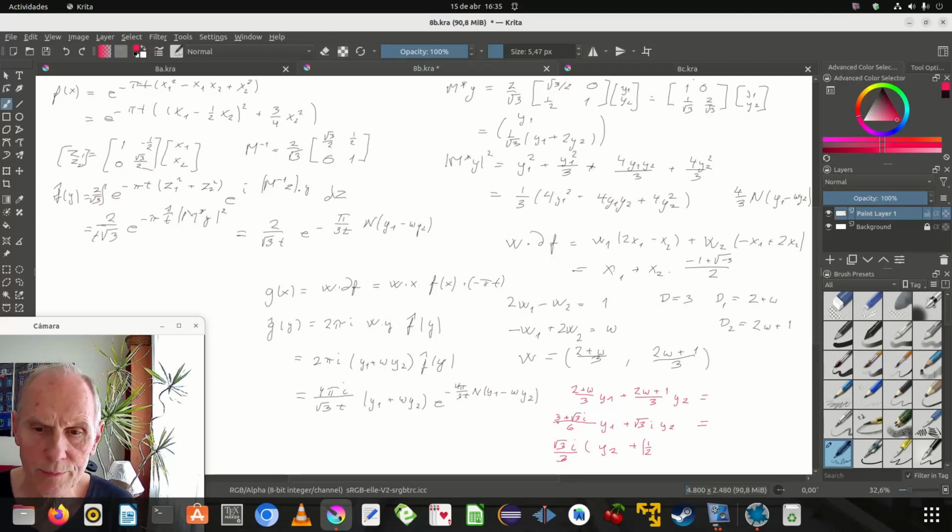And this 3 divided by square root 3, isn't that square root 3i? Terrible writing.